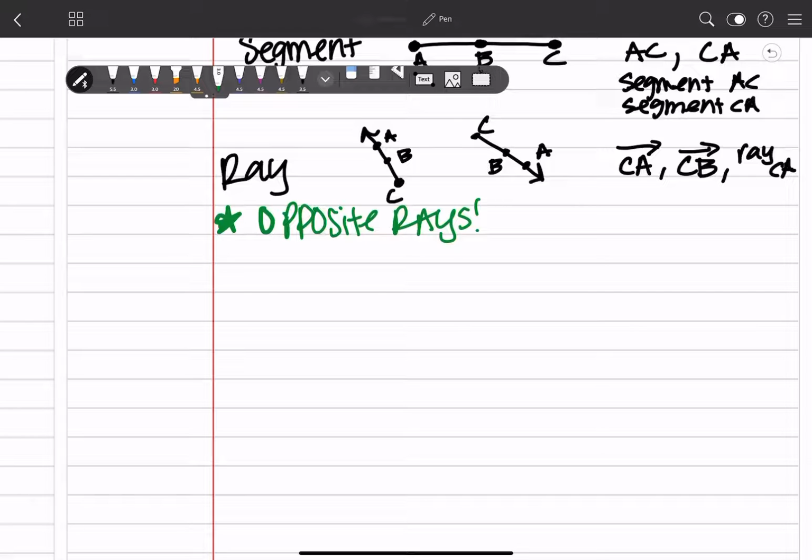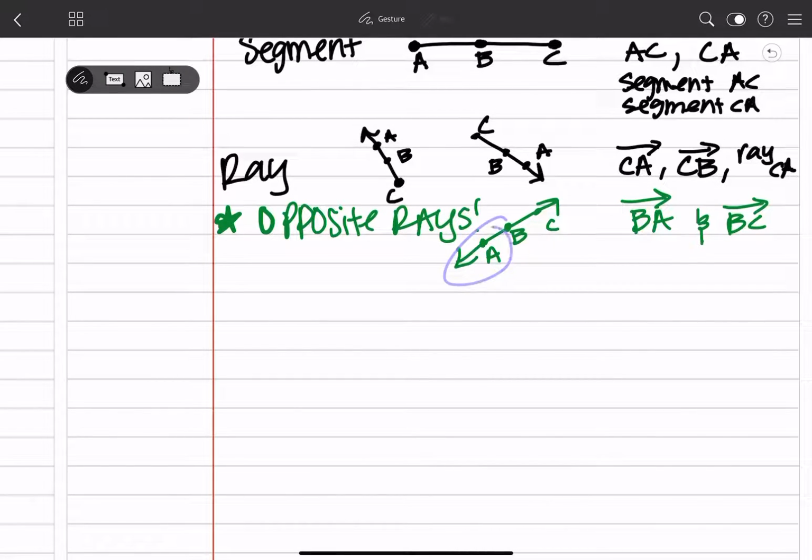All right, and I'm going to draw one line. Okay, but you're going to get opposite rays, ray BA and ray BC. So it's going from BA, because that's our one point that they're going to have in common. We're going to split it, and ray BC. So now you have that set of opposite rays.